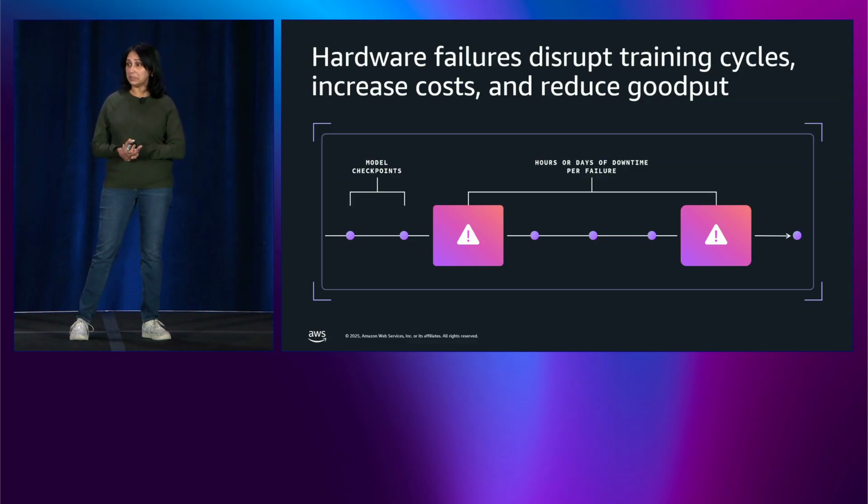And when that happens, a data scientist or ML engineer in your organization needs to go and isolate the issue, debug the failure, solve the problem, and restart the training from a last saved checkpoint. And all of this can result in hours of frustration and downtime.